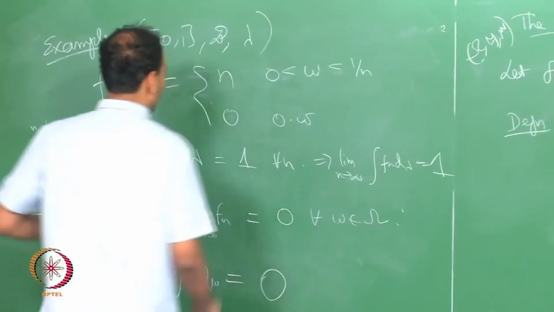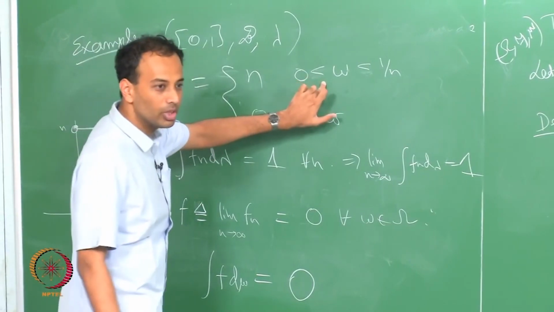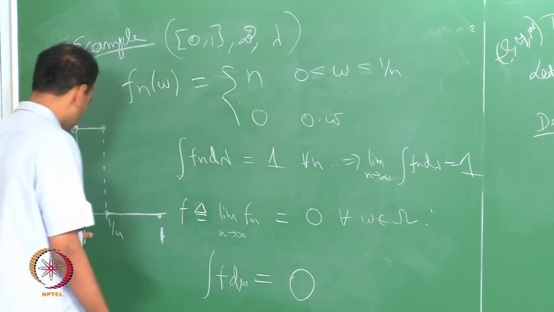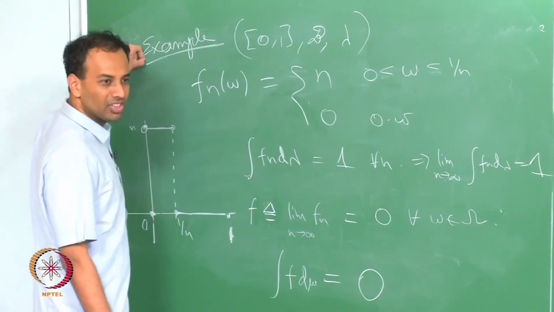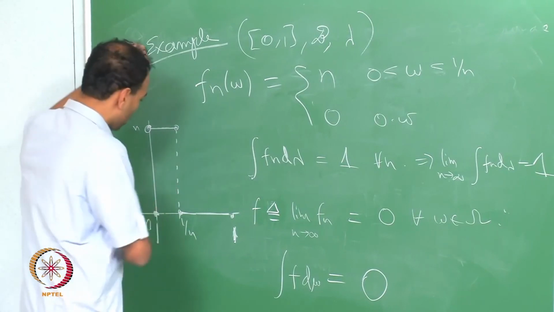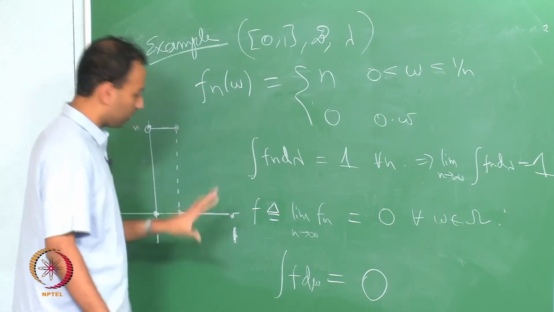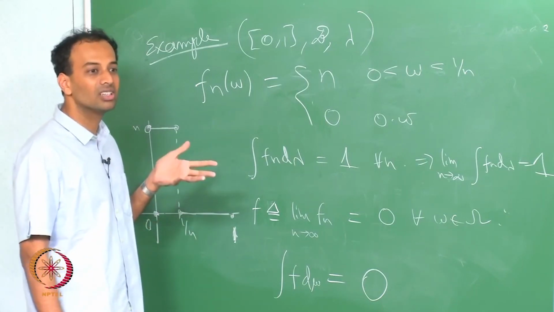I made this strictly lesser. Even if this was less than or equal to, the limit function will be 0 for all positive omega, and it will take the value plus infinity only at 0. And because it is a function that is 0 almost everywhere, the integral of a function which is 0 almost everywhere is 0.